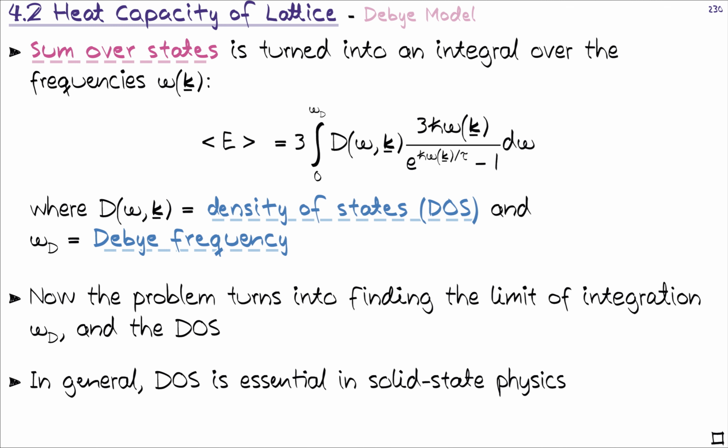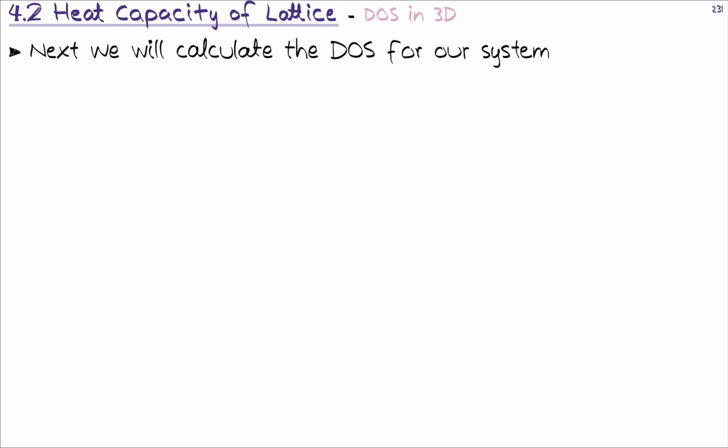Then we can calculate the heat capacities, since the heat capacity C was defined as the partial derivative of mean energy with respect to the temperature. So first, we want to find out how the density of states looks in a three-dimensional system.